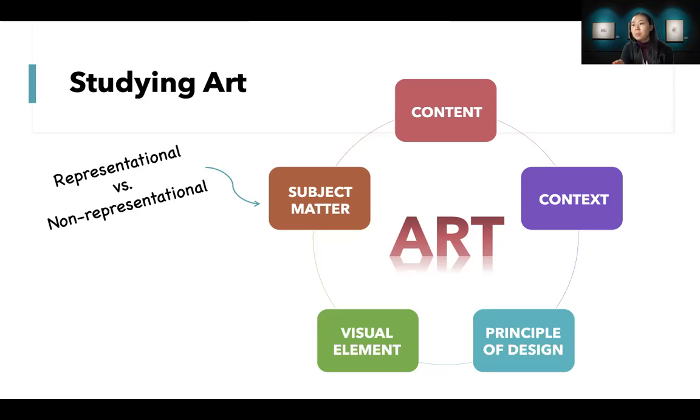So for example, the formal elements might include color, shape, the surface texture, and so on. We're gonna see the formal elements in detail next week. Yeah, so that's it.